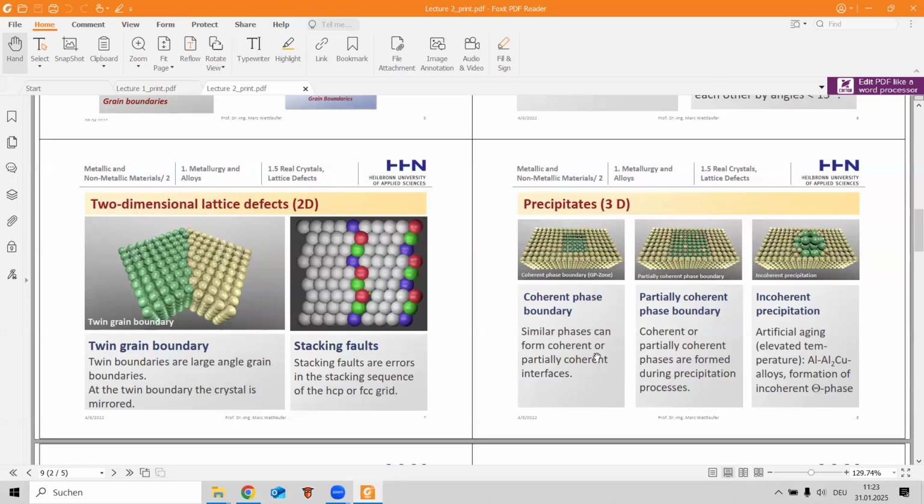Coherent phase boundary or GP zone: similar phases can form coherent or partially coherent interfaces. In the partially coherent phase boundary, coherent and partially coherent phases are formed during the precipitation process. And incoherent precipitation can occur through artificial aging, so elevated temperature, for aluminum-copper alloys, with formation of an incoherent phase.